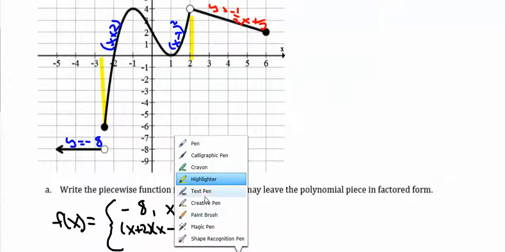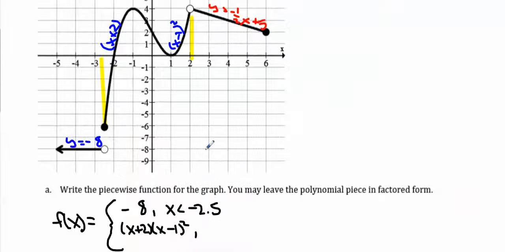It includes the negative 2.5, so that means x is going to be greater than or equal to negative 2.5, and x is going to be less than 2.